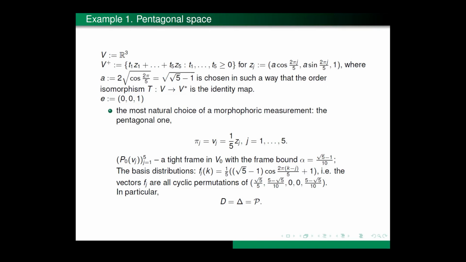And in this case, the most natural choice of a morphophoric measurement is the pentagonal one, so like the same as the states in some sense. So we've got effects here, the same.